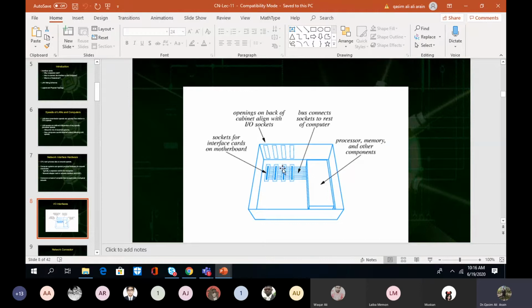Now see, these hardware slots inside a CPU are connected through buses. Through the CPU buses, they are connected with the microprocessor, the internal memory, the hard drive and all these things, right? So the processor, memory and other components are connected to these slots through the computer buses.